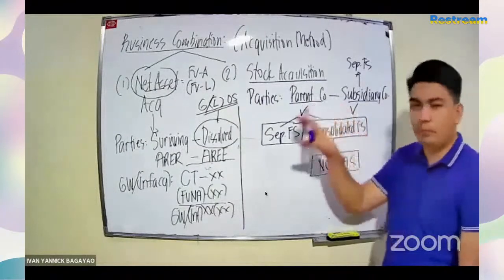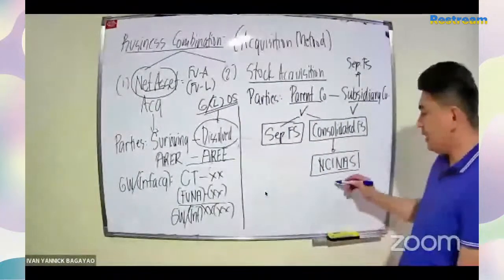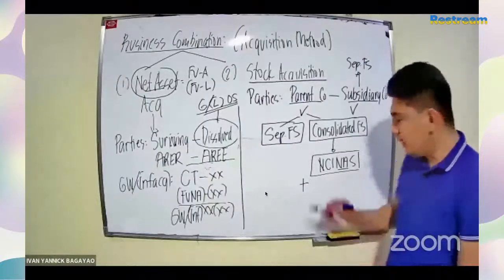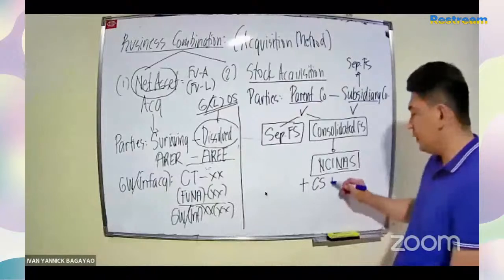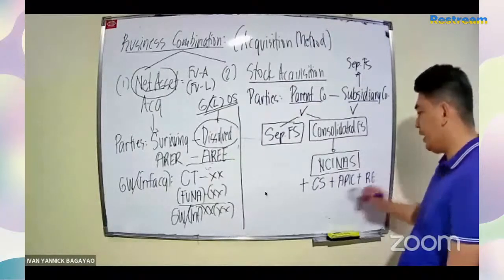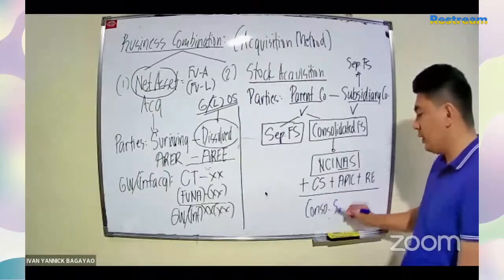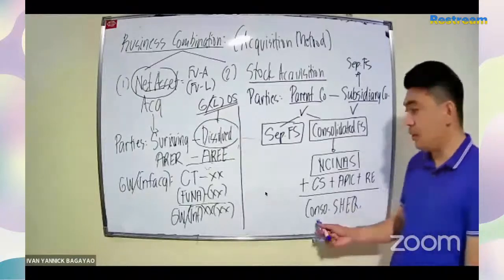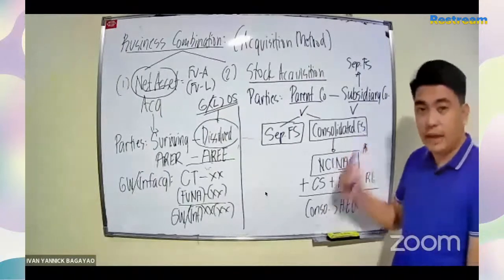That is the part that does not belong to the parent company, the part of the others. NC-NAS is part of the shareholders' equity. We add NC-NAS to the Conso Common Stock, Conso APIC, and of course Conso RE. So you now have the consolidated shareholders' equity, and the NC-NAS is included in its components.